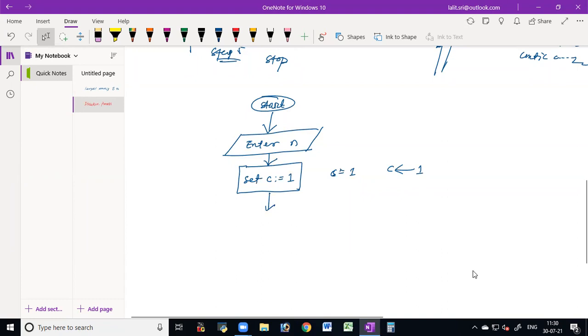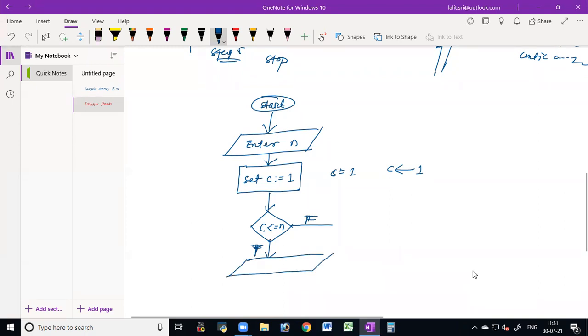Then check if c is less than or equal to n, true or false? This one is false, suppose this one is true.